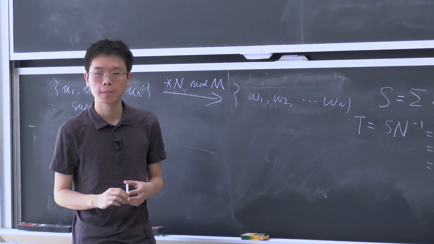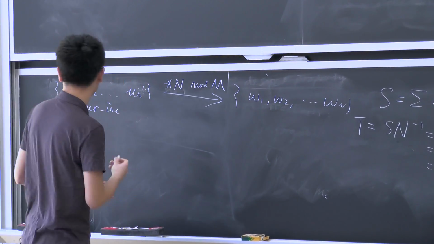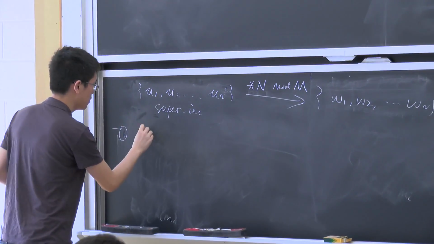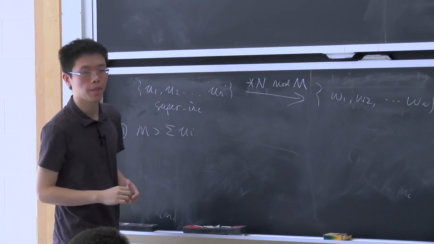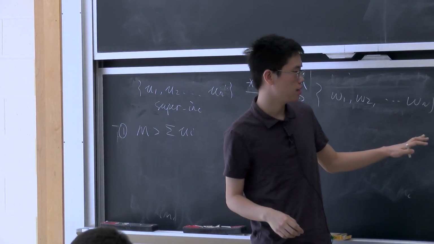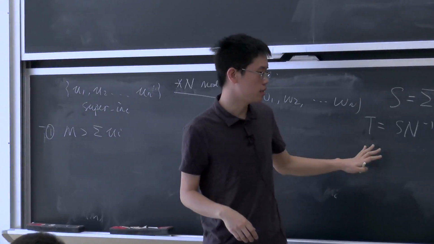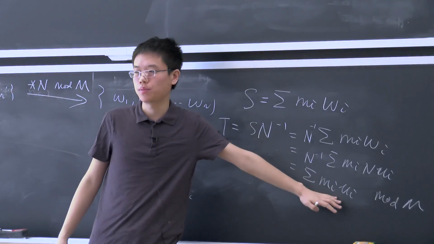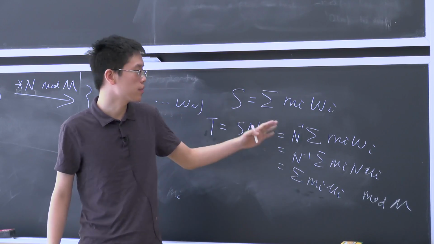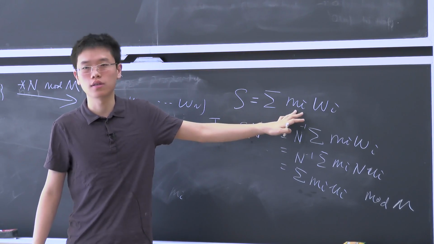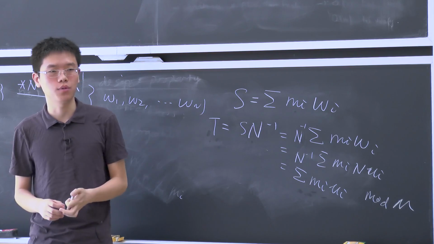So the first thing I'm going to claim is that m has to be larger than the sum of ui. If that's the case, then my t is just this subset sum. So if I solve this knapsack problem, I get the same answer as solving the original, general knapsack problem.